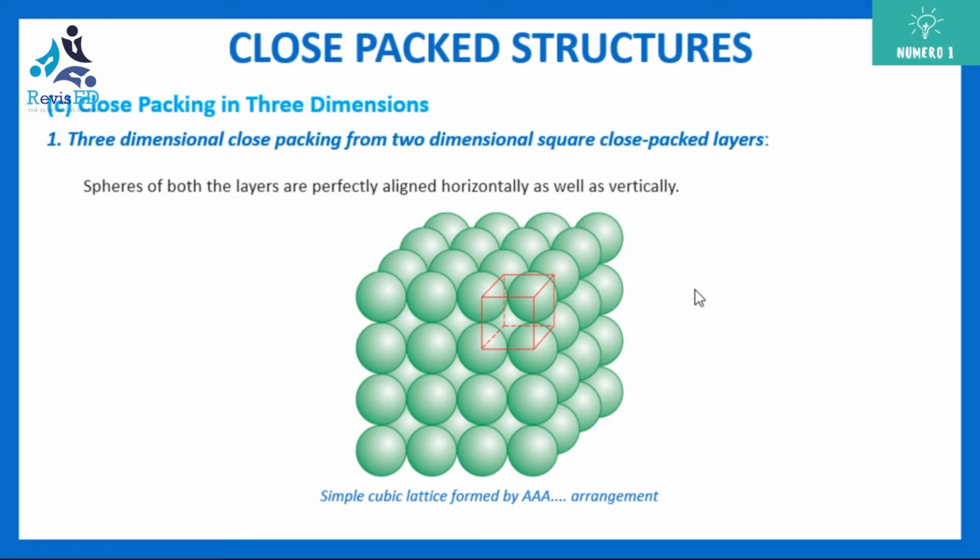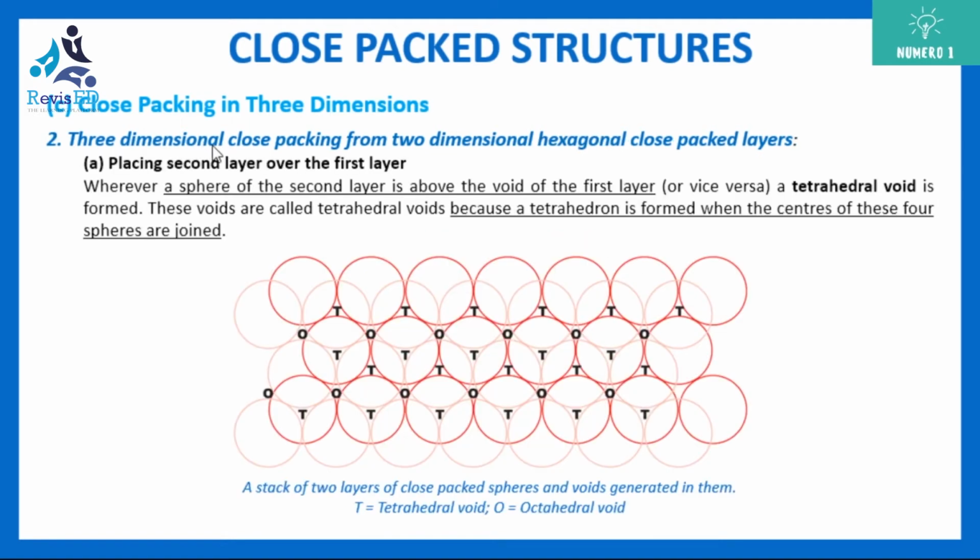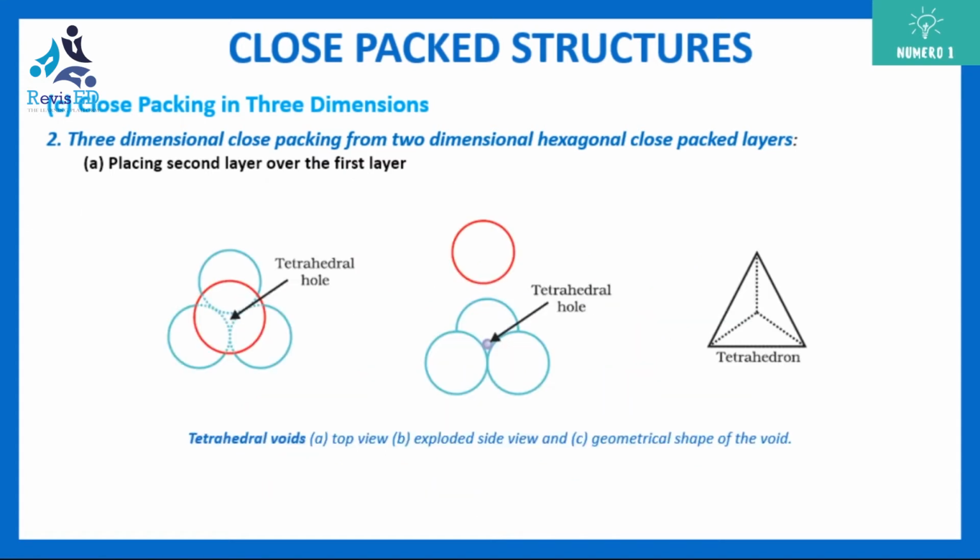Next is three-dimensional close packing from a two-dimensional hexagonal close packing layer. Now if you do this, we create tetrahedral and octahedral voids. What is a void? A void is the empty space which is present in between the constituent particles or atoms. Let's go into deeper detail.